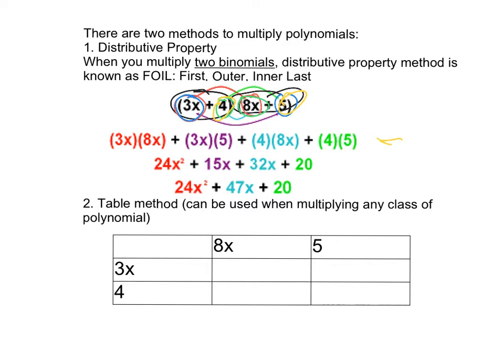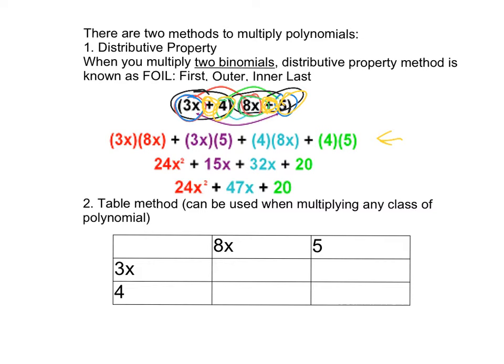So that's what this here is showing you. The 3x times 8x plus 3x times 5. You want to add the opposites here so that these are both plus signs so that you don't lose a negative. All right, so that is one way.